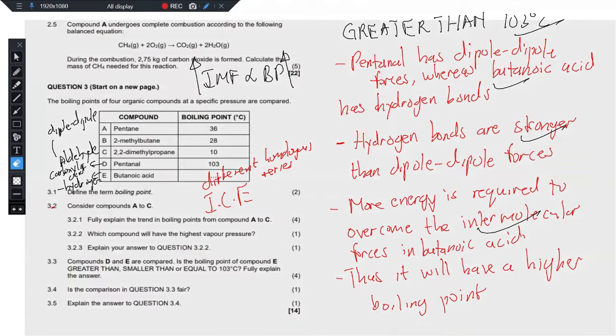Then 3.4 says, is the comparison in question 3.3 fair? Right, in question 3.3. So is it fair? Definitely. So yes. And then the reason for that, they say, explain the answer to question 3.4. Now, this is based on the 2 compounds, okay?